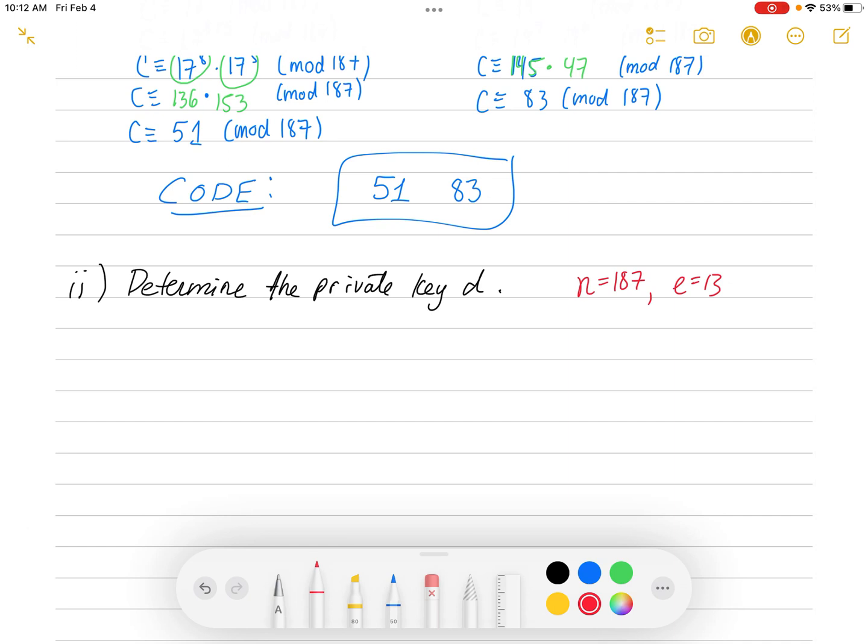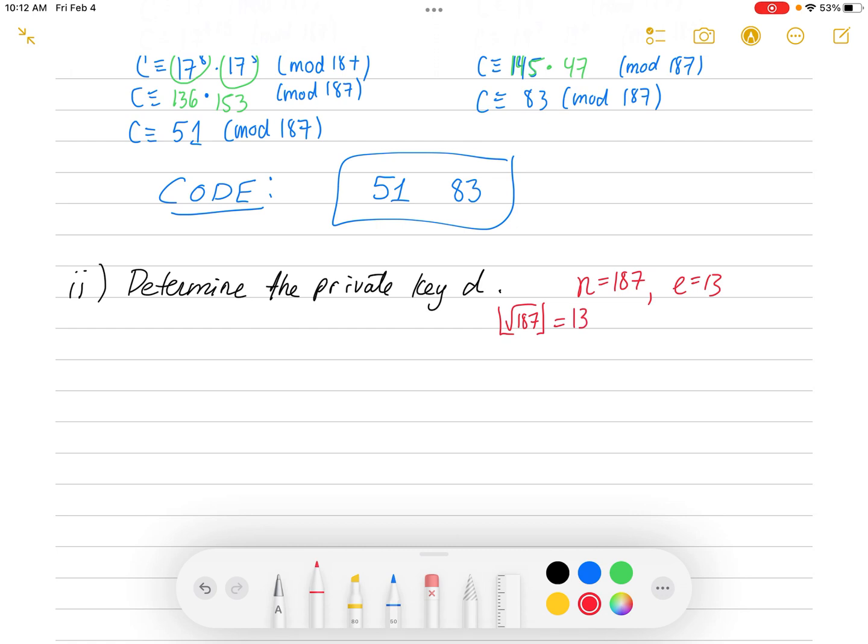Now what we want to do is find the P and the Q. What are the P and the Q? They are the primes that N breaks up into. So I'm going to say, what's the square root of 187? I'm going to floor that. The square root of 187 is around 13, and flooring that we get 13.